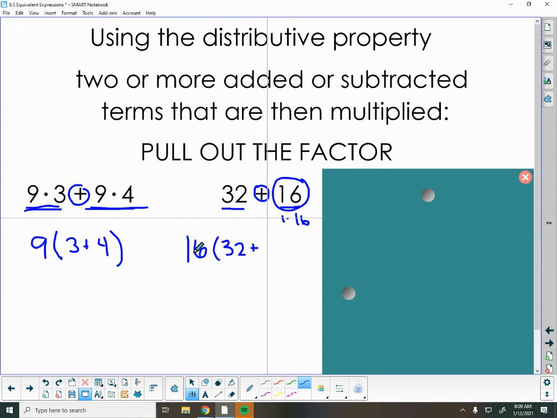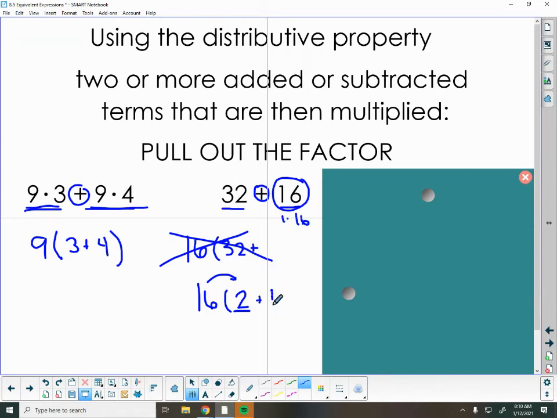Whoops, that's not what I wanted to do. Ignore that. That was a mistake. So we're pulling out the 16. So 16 times what? Because we pulled out this factor. So 16 times what is going to equal 32? So 16 goes into 32 2 times. So we're giving factors here. 16 times what will equal 16?